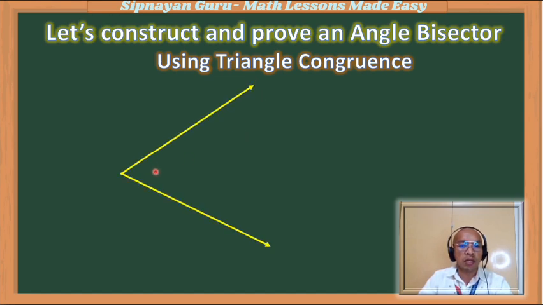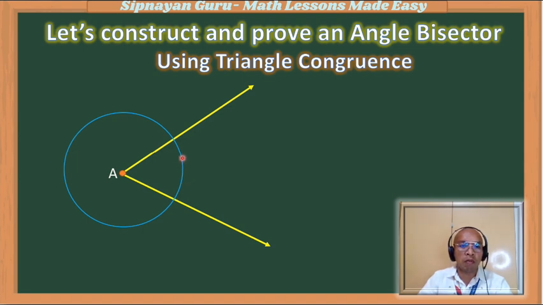So, we'll illustrate this one through this figure. This is an angle formed by two rays sharing a common endpoint, and the vertex is point A. Now, our objective is to find a point from this ray and this ray which are equidistant. So to get that point, we will make use of our compass.